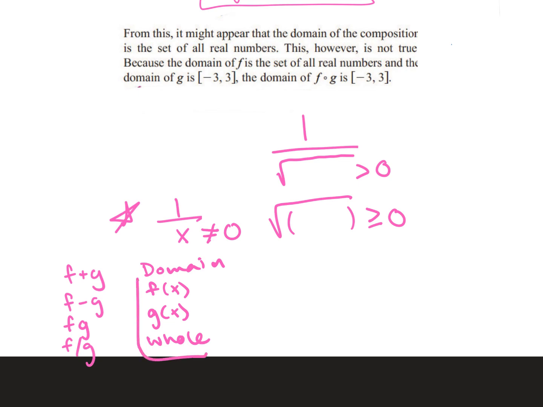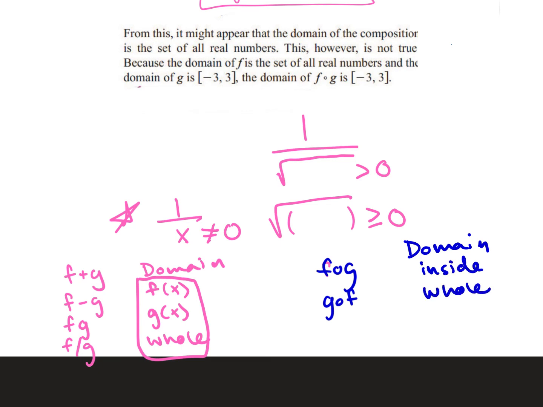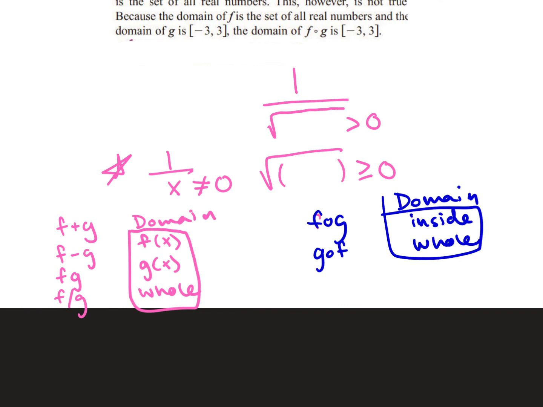So you have to check 3 things when finding the domain of a combination function. So that's what we did yesterday. But when we have a composition function, so f of g or g of f, we check the domain for the inside and the domain for the whole thing. So here we only have to check 2 domains and see what overlaps. And it's always the overlap.